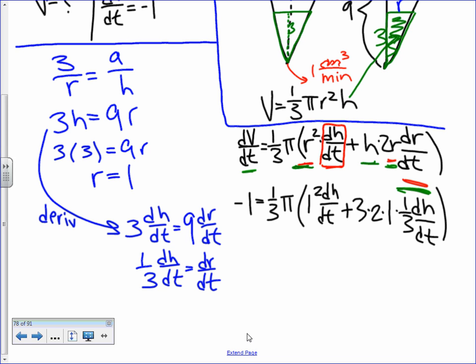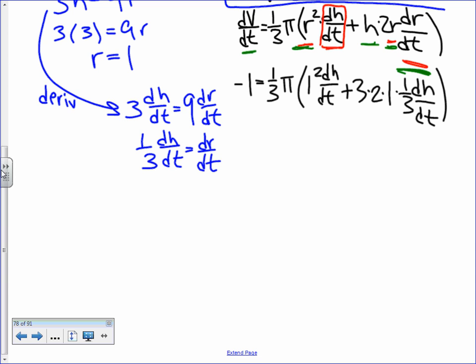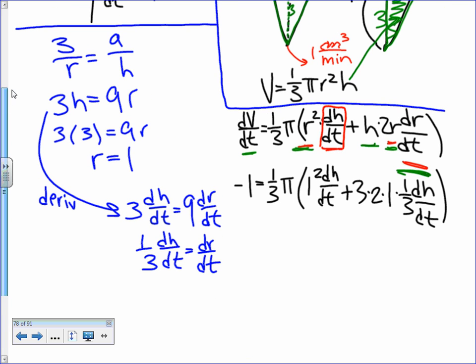Now it's just time to simplify. I'll try and leave some of this showing here. Okay, so then I'll leave my -1 equals 1/3 pi. I'm just going to simplify in the parentheses here. So I've got 1 squared dh dt, that's just dh dt, plus, well, this 3 and this 1/3 are going to make a 1, so plus 2 dh dt.